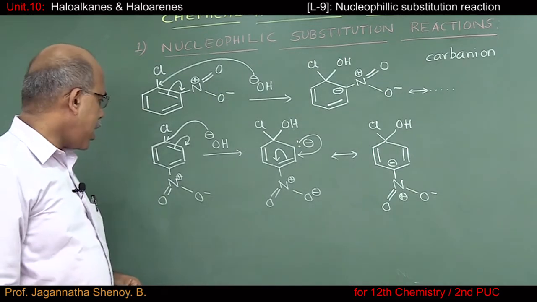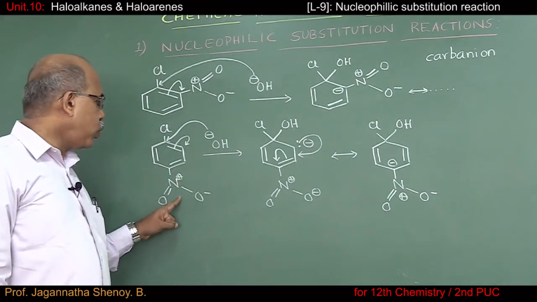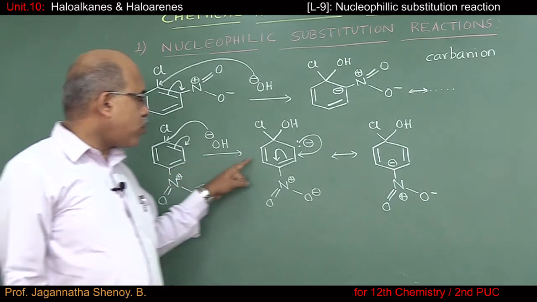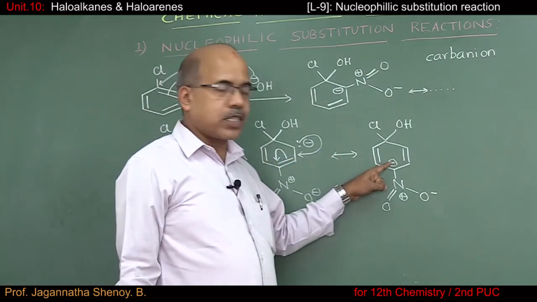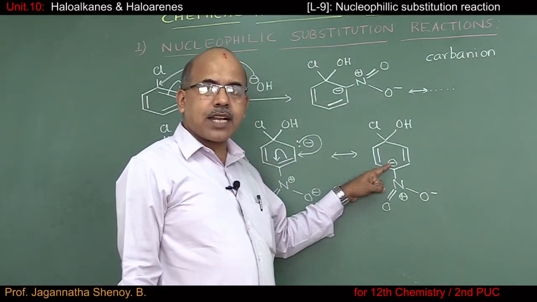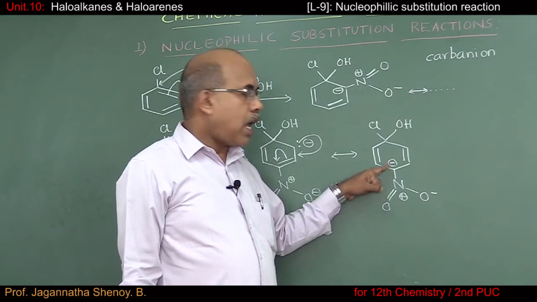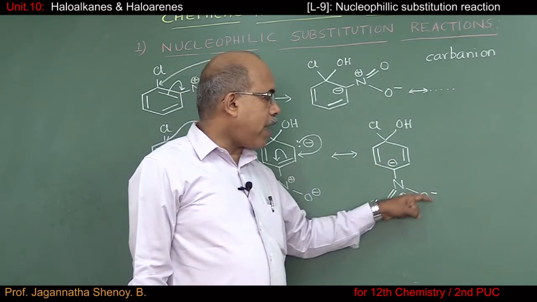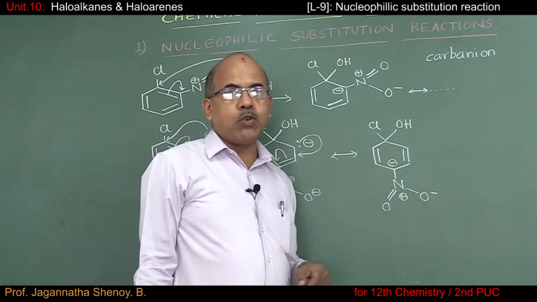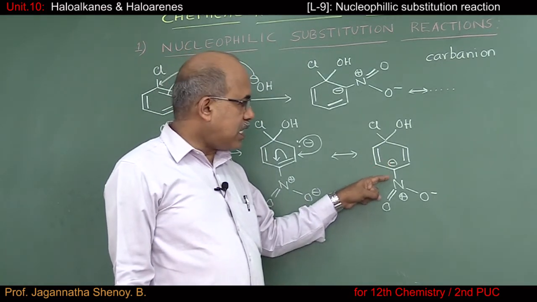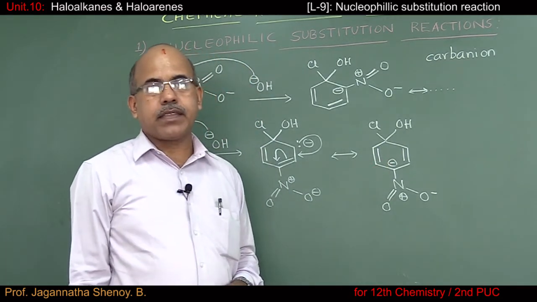In the same way, if we have NO2 group at para position, from these resonating structures you can make out that the negative charge is present on para carbon atom, and on the para carbon atom you have electron withdrawing NO2 group. Again, this negative charge is dispersed effectively.